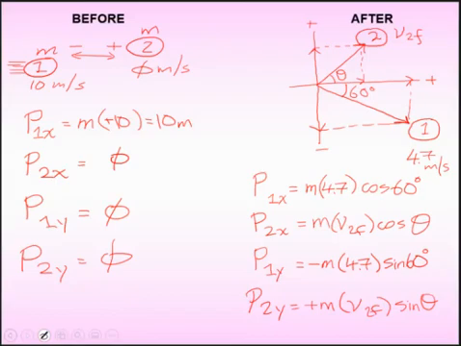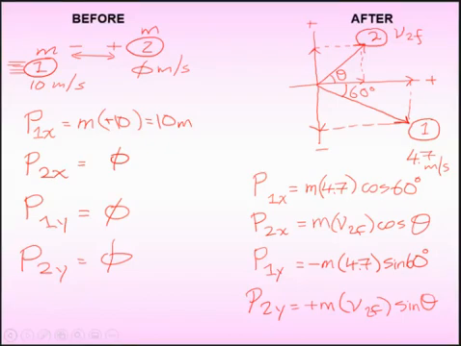P_i x equals P_f x. What was the P_i x? P_i x was 10m plus 0, which must equal what? This guy plus this guy.